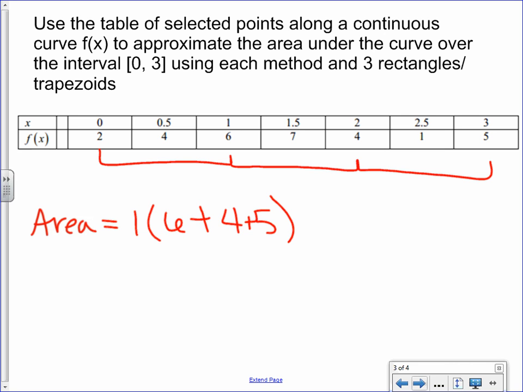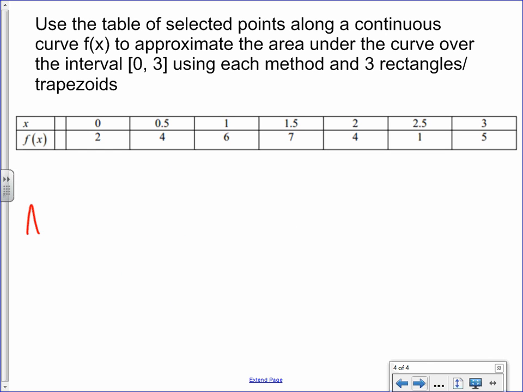So 13. In that situation, the book would have taken the left one on the second rectangle, because the second height is higher, if you were doing an upper or lower sum. Specifically, I'm going to say left.